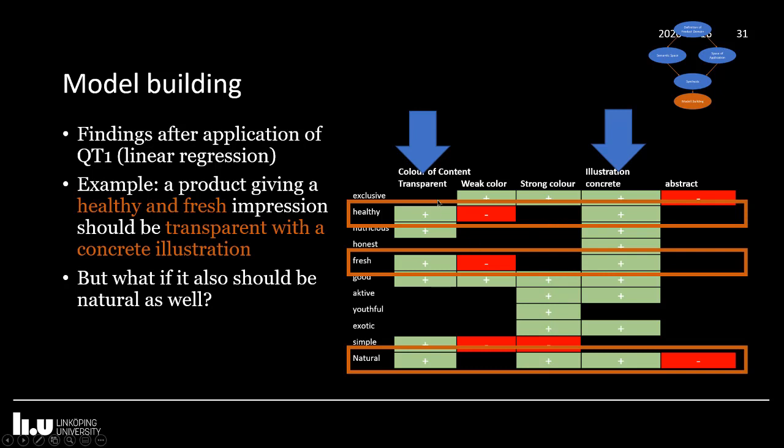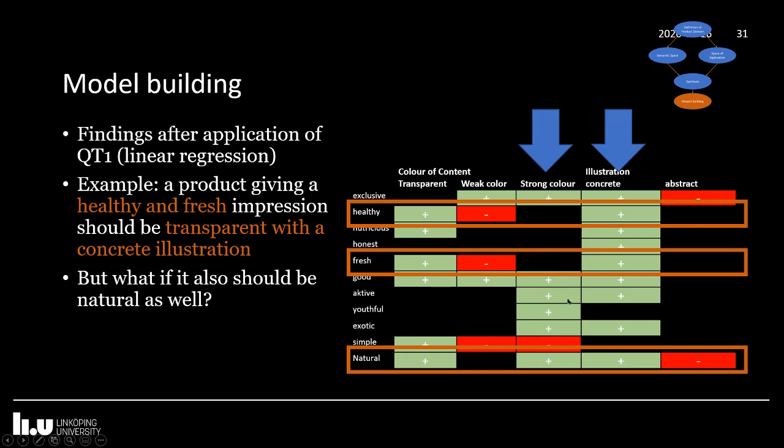So if we want to have natural as well, we would choose transparent and concrete illustration. If we move here, we will still maintain some parts of healthy and fresh, because if we go to strong color, this does nothing negative to healthy, but it does not do any positive to healthy and fresh either.